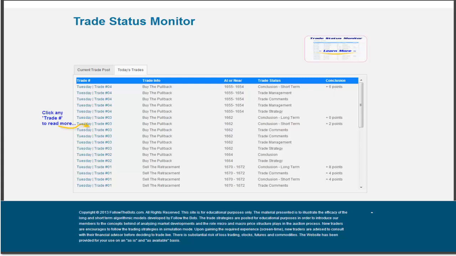This is an excellent way to gain experience, to make good use of your screen time, and after you have executed the strategies over a period of time, you will find which strategies appeal to you, and you'll ultimately develop your own niche and your own style. So that is the idea and the purpose behind the Trade Status Monitor posts.